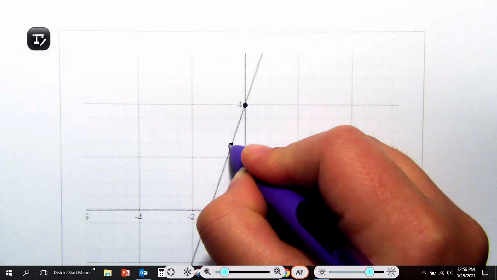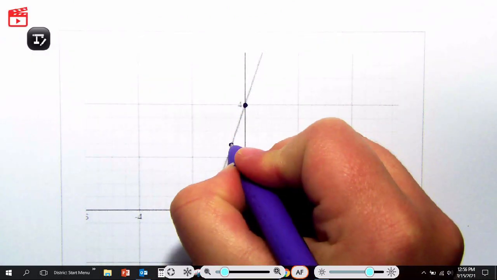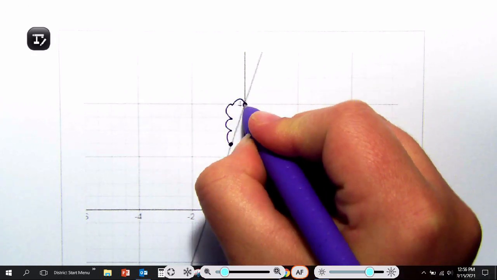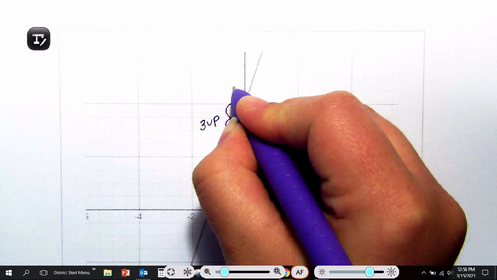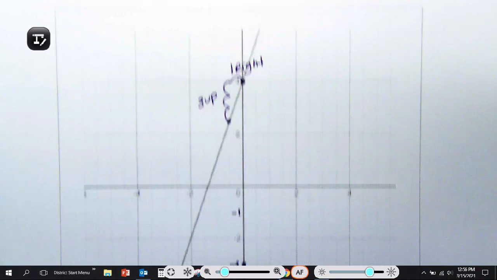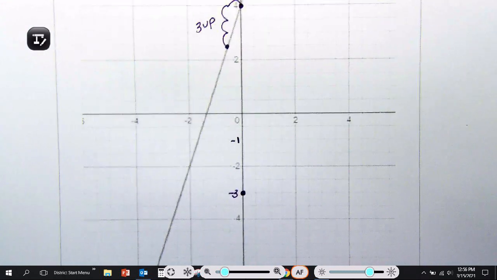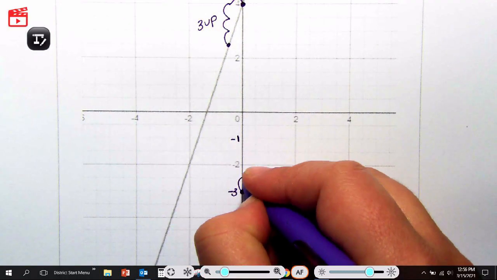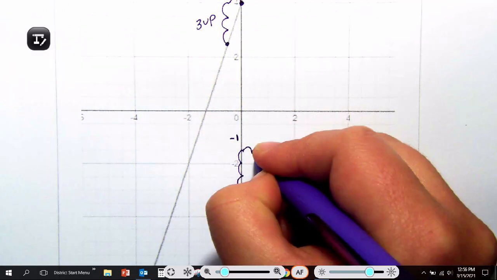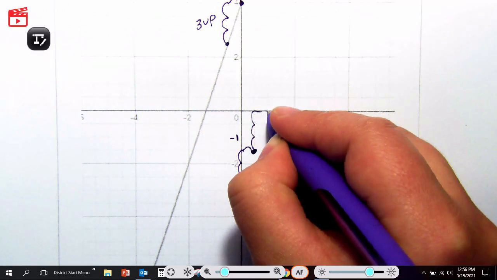I think this is a pretty point right here. So that means I'm going to go 1, 2, 3 jumps up, 1 to the right. My slope is positive, 3 up, 1 to the right. Because I want the same slope, I'm just going to do the same thing. 3 up, 1 to the right. You can keep doing that if you want. 3 up, 1 to the right.